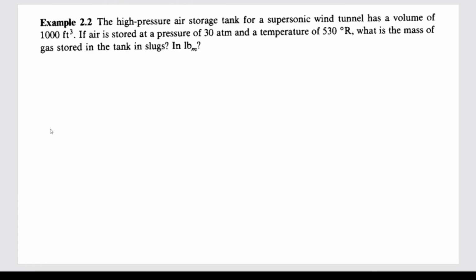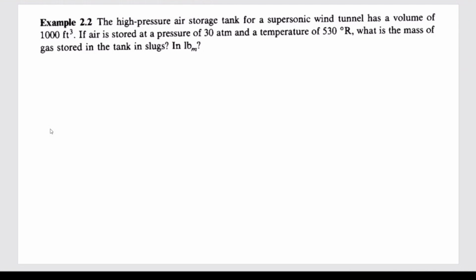Next problem: the high pressure air storage tank for a supersonic wind tunnel has a volume of 1,000 feet cubed. If air is stored at a pressure of 30 atm and a temperature of 530 degrees Rankine, what is the mass of gas stored in the tank in slugs and in pound mass?